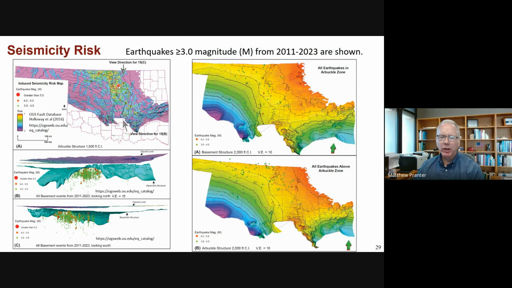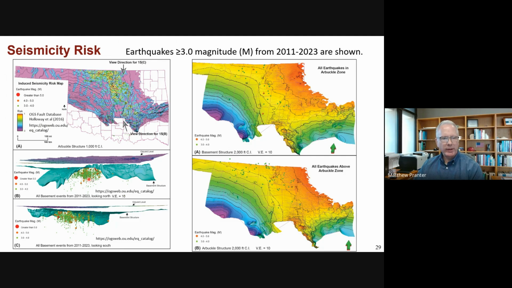If we're closer to any of those three items, it appears as bright colors on this map. If you're farther away from mapped faults, known earthquakes, or injection wells, it appears more as purplish colors on the map.